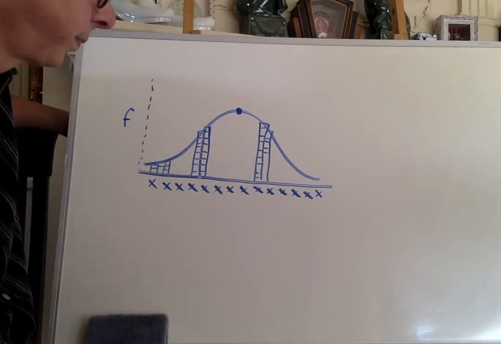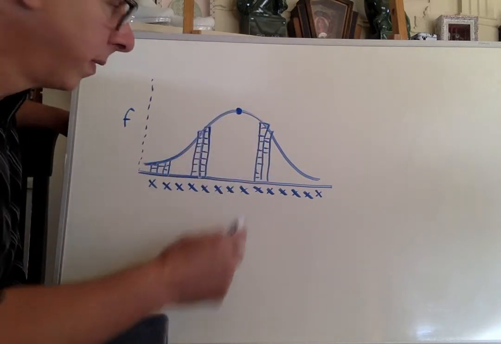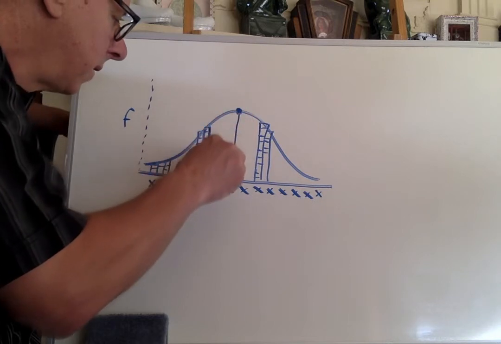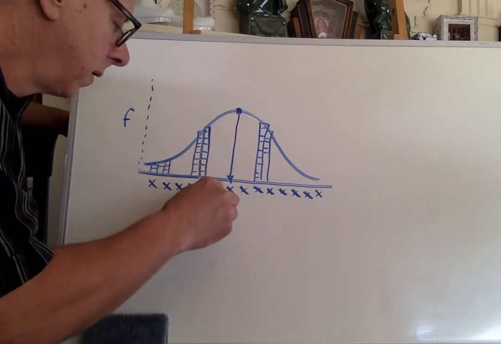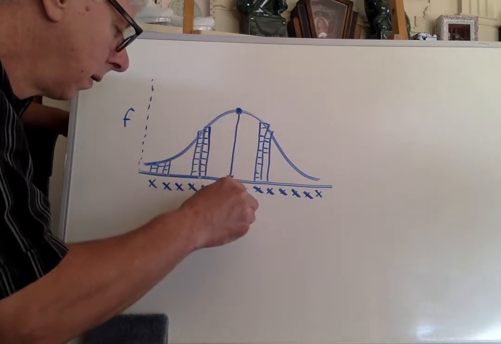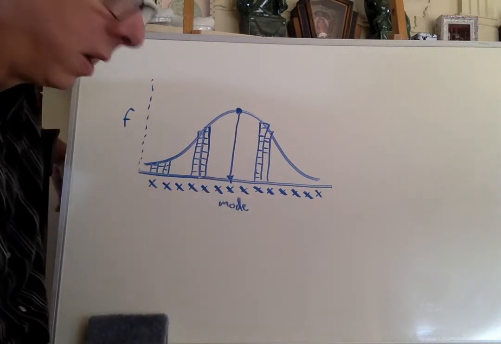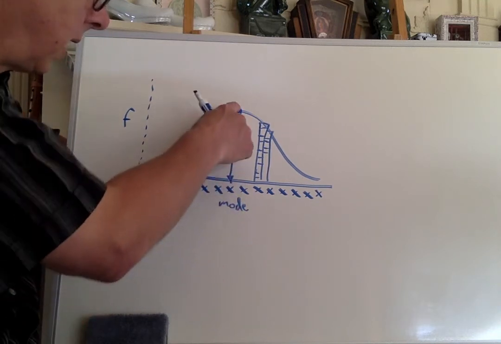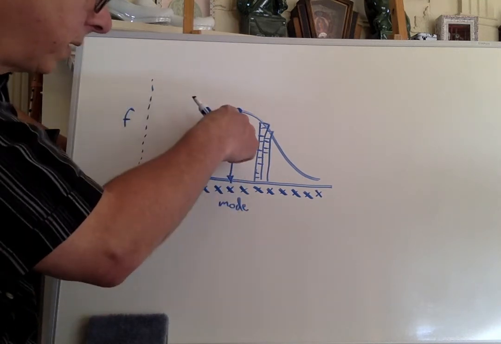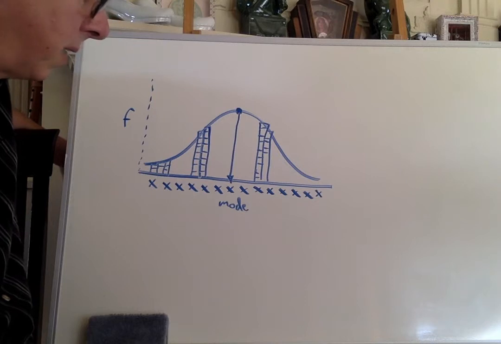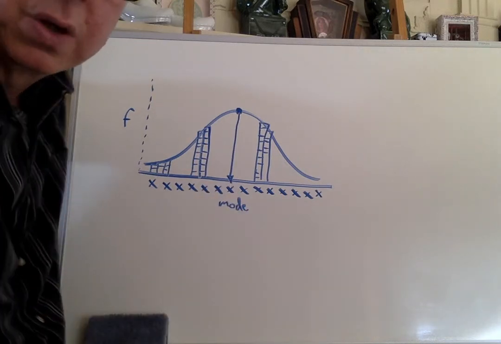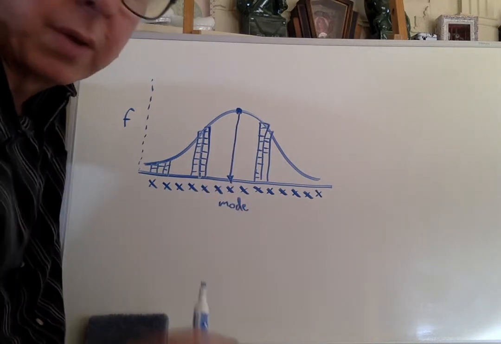That's the most frequent. And so right here, that's the mode. I know that this is the highest point on the graph, the most frequent, and so I know that this is the place where the mode is going to be.